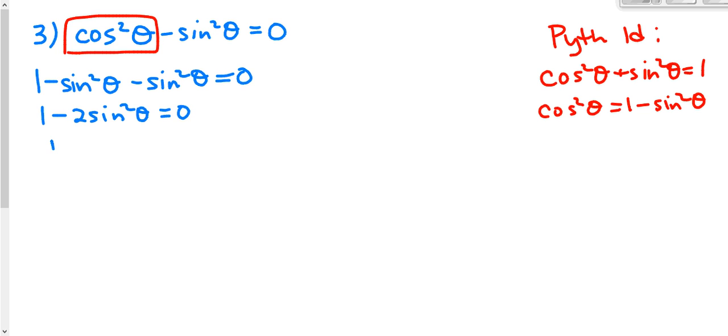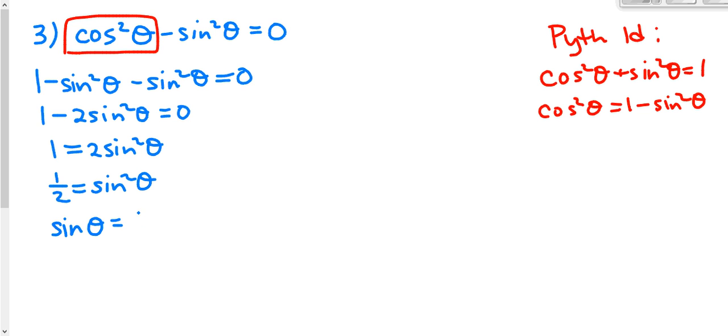We could add 2 sine squared theta to both sides and divide by 2. And then we would take the square root of both sides, and don't forget about plus or minus. And when you see square root of 1/2, you can do square root of the top and square root of the bottom. Now we know that that will rationalize to give us square root 2 over 2, and we don't have to write it rationalized.